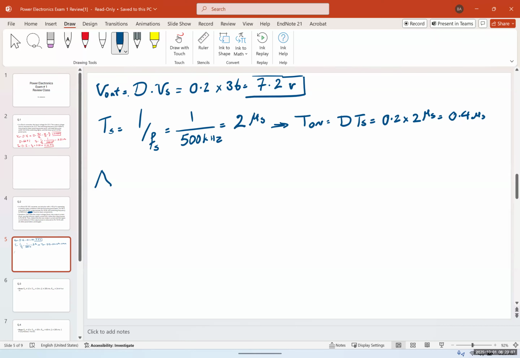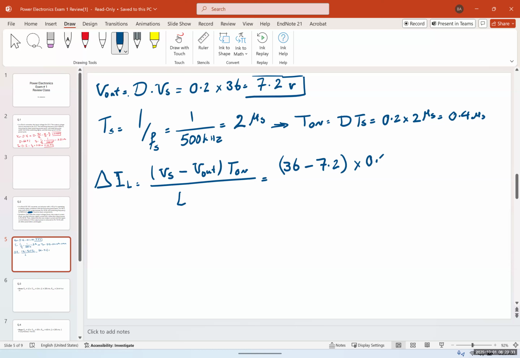Now, the inductor's ripple, delta IL, would be Vs minus V out times T on over L, which gives us 36 minus V out, which is 7.2, times T on, which is 0.4 microseconds, divided by 20 microhenry.